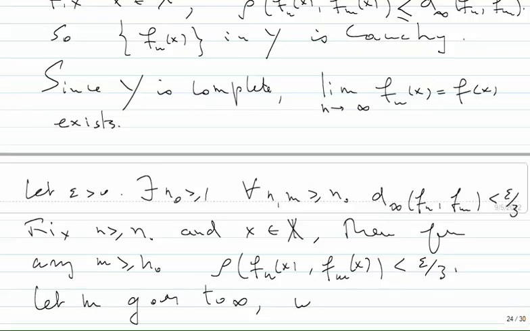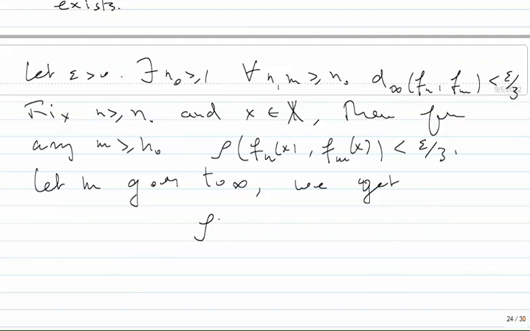We get rho of Fn of x to f of x less than epsilon over 3. Keep in mind that n0 is independent of the point.